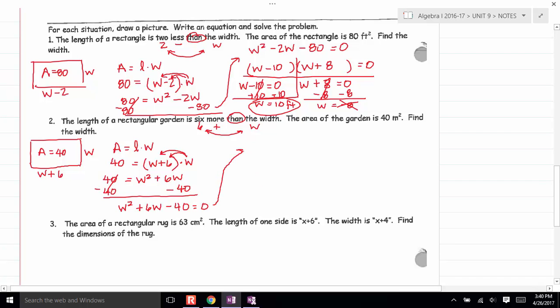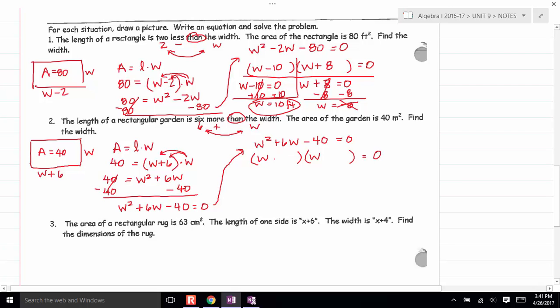So I'm going to rewrite this up here since I've run out of room. W squared plus 6W minus 40 equals 0. There's no GCF here, so let's try to come up with the magic numbers that would work. So I'm looking for two numbers that multiply to give me a negative 40, but are going to add to give me that positive 6 in the middle.